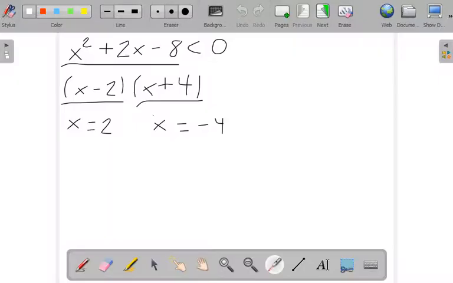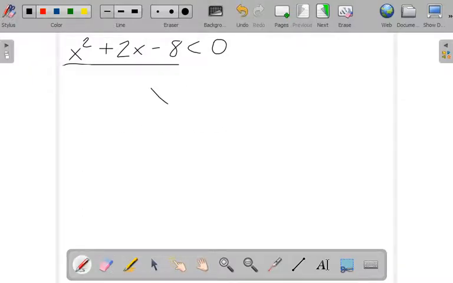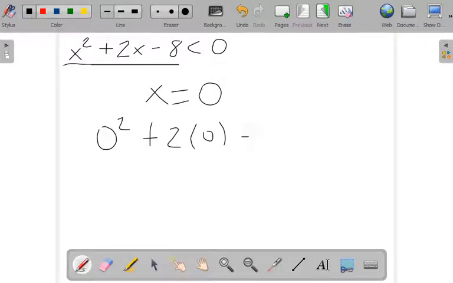So if we come back here, and we can erase this now, we want to set x equal to 0 and see if that makes it true. So if we set x equal to 0, you'll have 0 squared plus 2 times 0 minus 8 is less than 0.